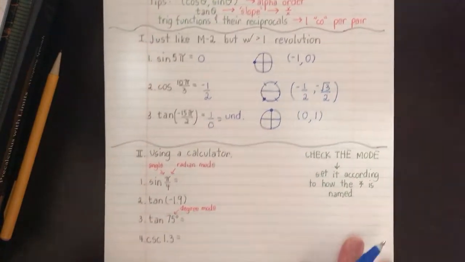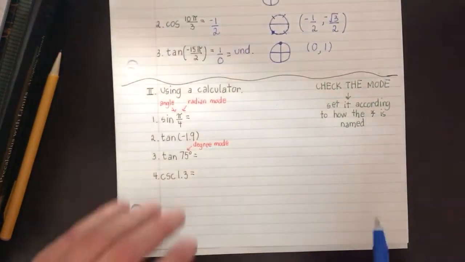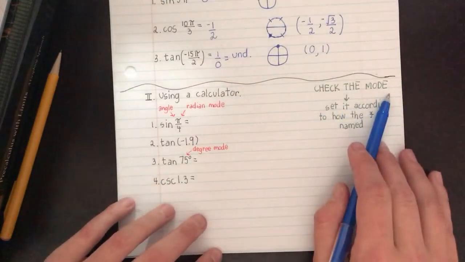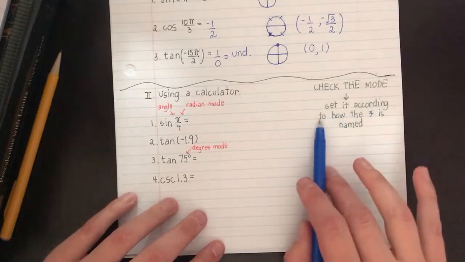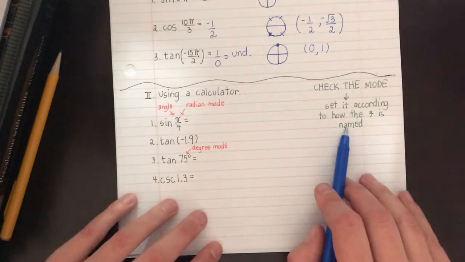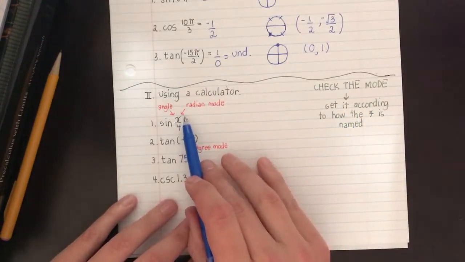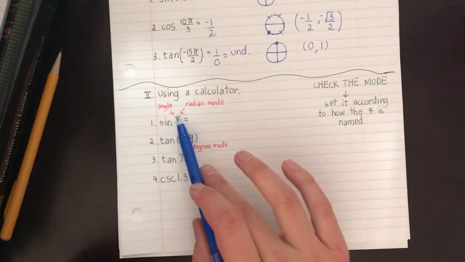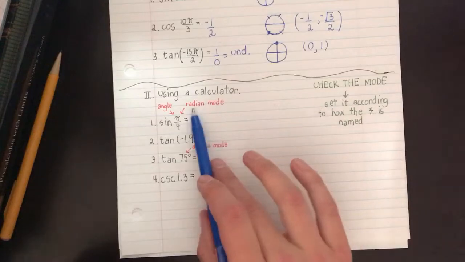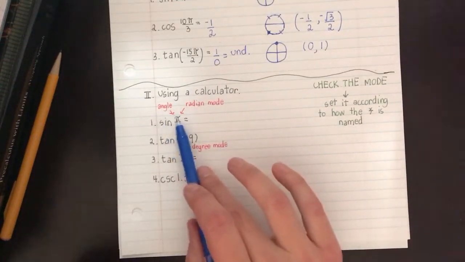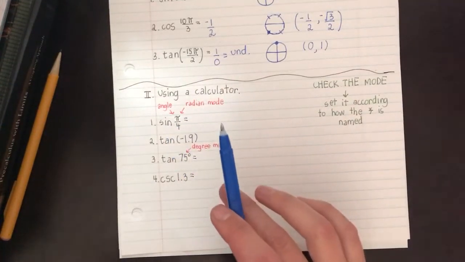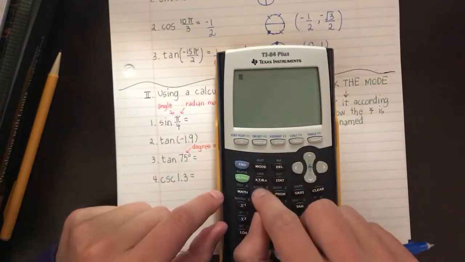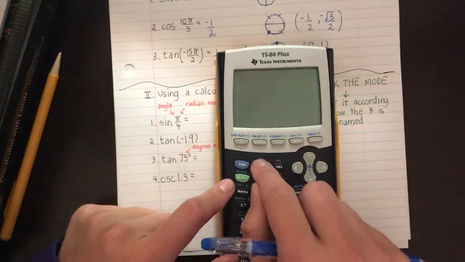Part 2 is where we get to the calculator portion. The biggest thing I need you to watch out for is checking the mode in the calculator. Set it according to how the angle is named. The lack of the degree sign means radian. If I'm asking you to find sine of pi over 4, that's angle measure in radians. Once you power it on, go to the mode, which is right here.